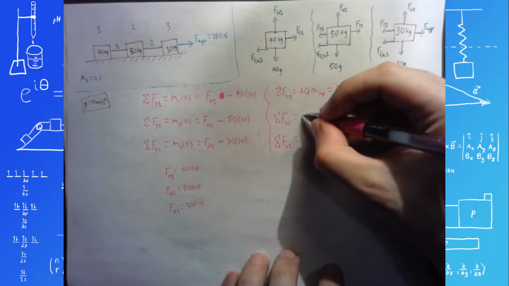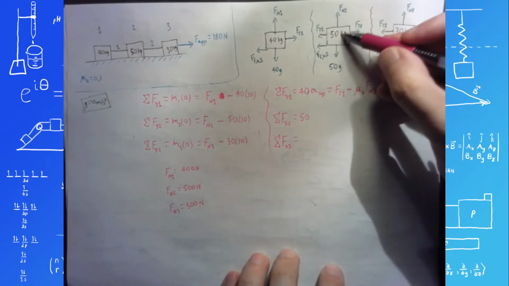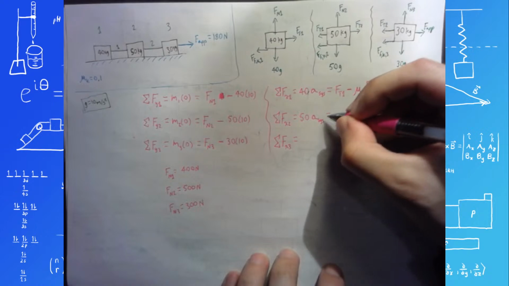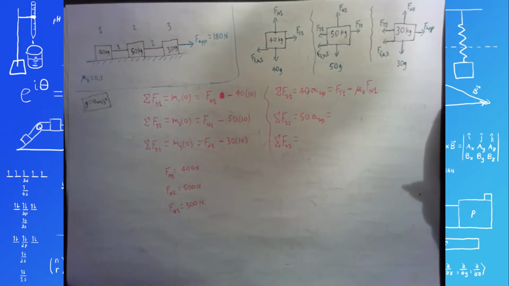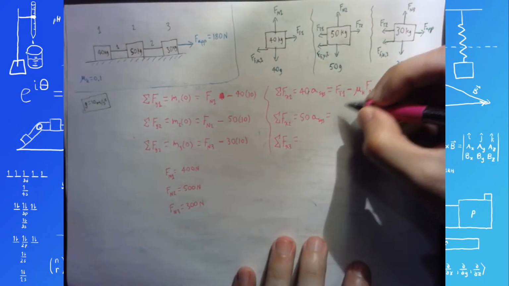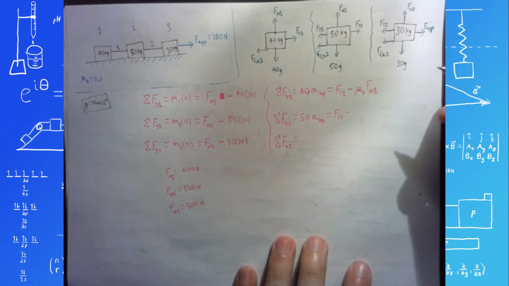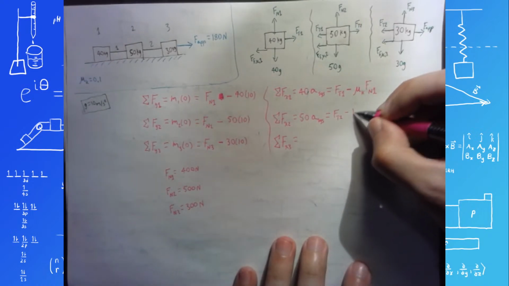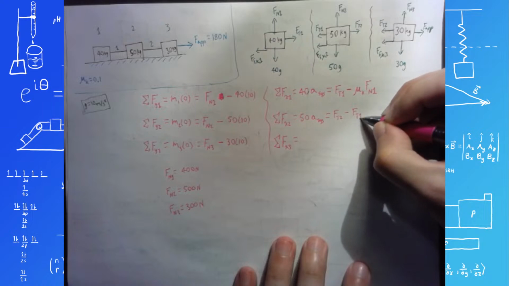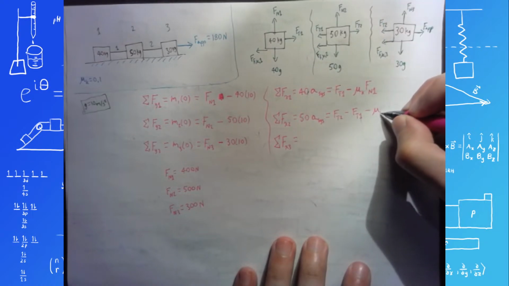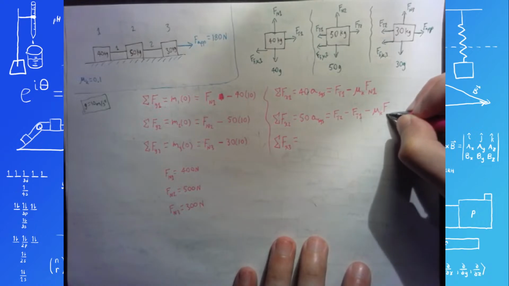For object 2, we've got 50 kilograms times the acceleration of the system equals forces to the right, that's force of tension 2, minus forces to the left, I've got tension 1, and I've got friction 2, which is coefficient of friction times normal force 2.